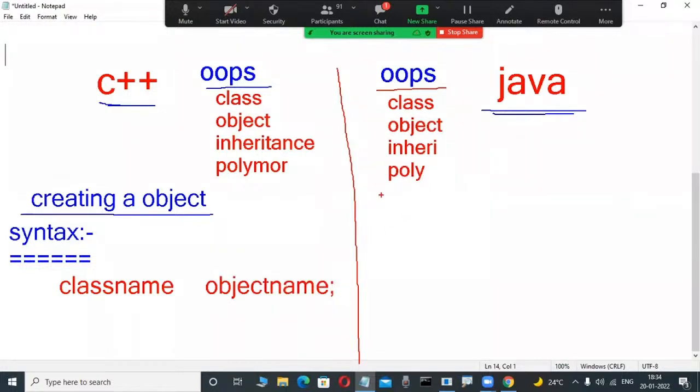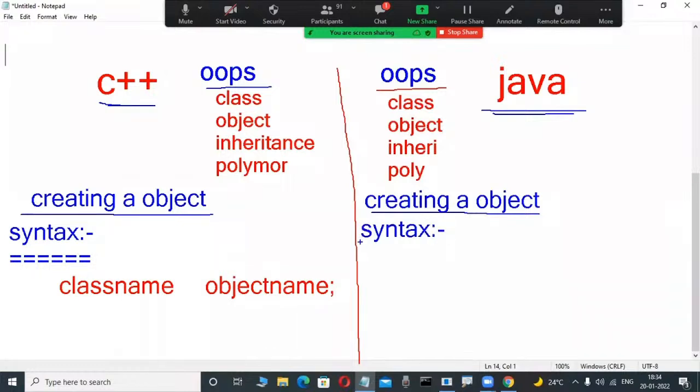Creating an object from a class is also there in Java. Can any technical person tell me the syntax roughly? Many of you are good at Java and Python from your academic career.